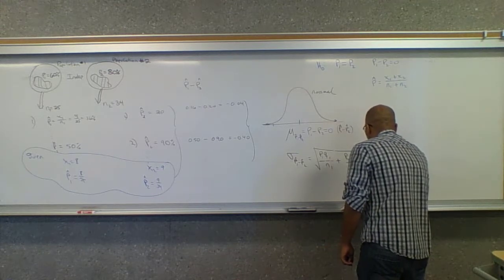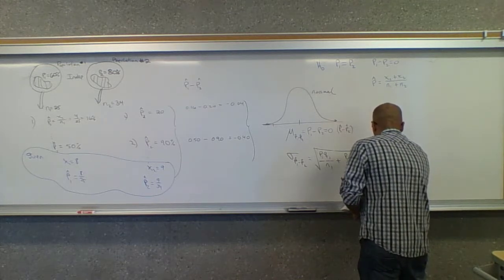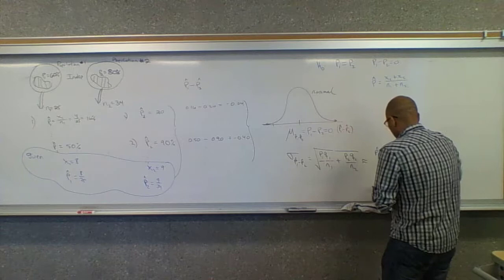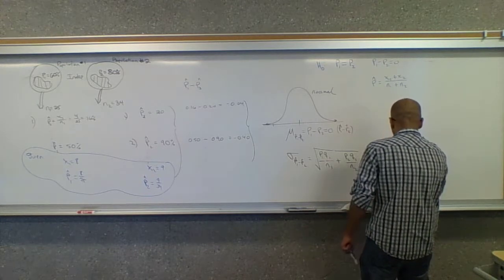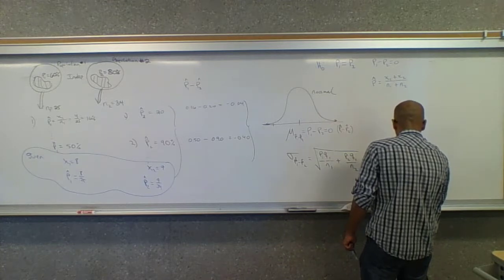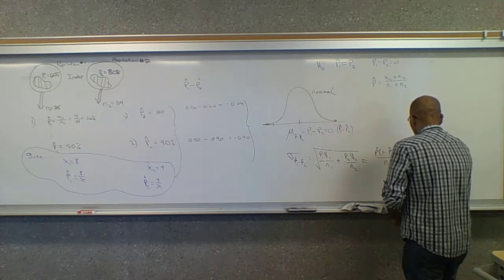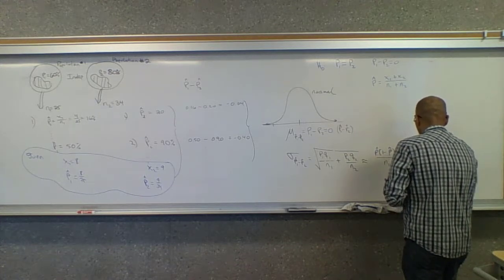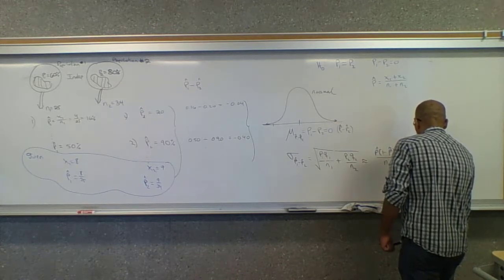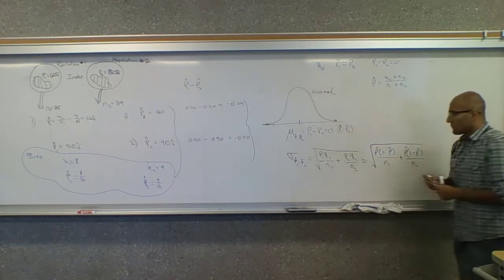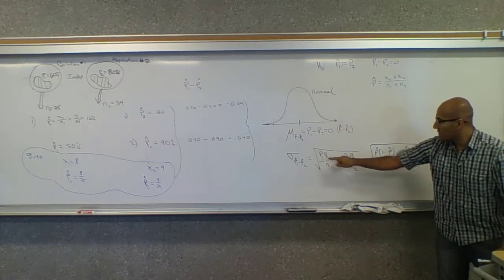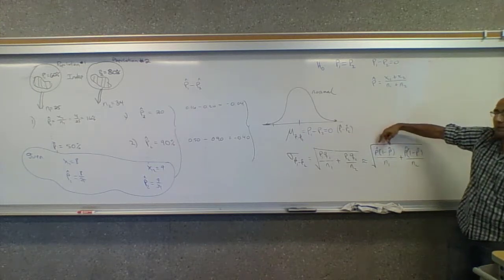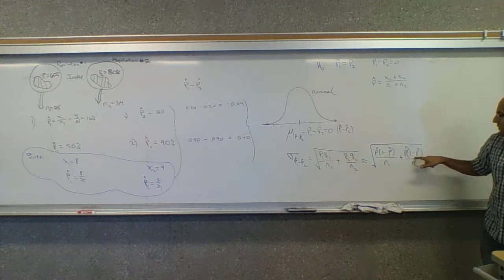So this is approximately equal to p hat times 1 minus p hat, all over n sub 1, plus p hat times 1 minus p hat, all over n sub 2, and square root of that whole thing. So for each of these p's, I replaced it with this p hat right here, this pooled proportion. And then the q's are, of course, the complement, so 1 minus p hat. So really this and this are the same.